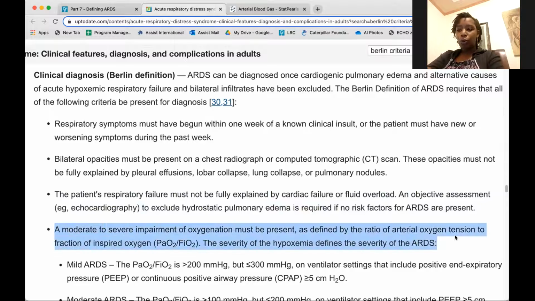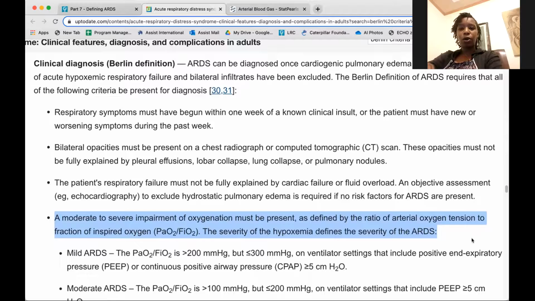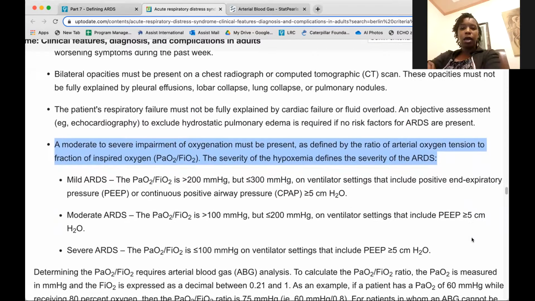Then the 4th one is that there must be moderate to severe impairment of oxygenation. So we'll calculate something called the PaO2/FiO2 ratio, and this will be able to categorize the patient.